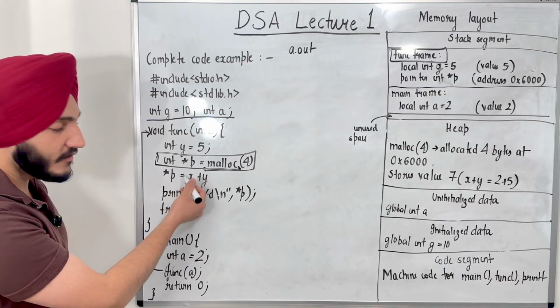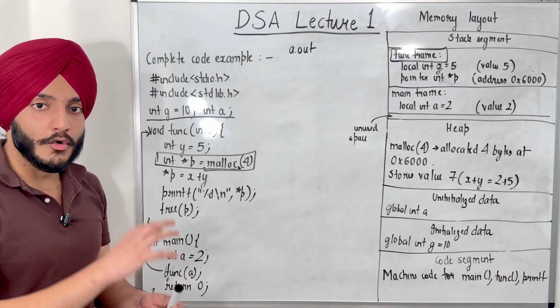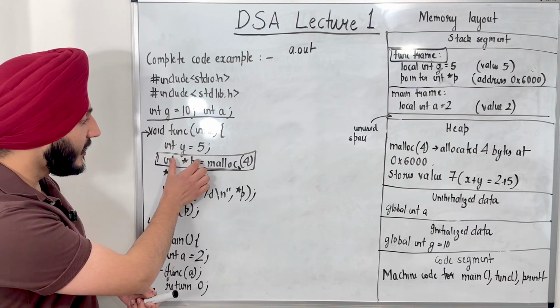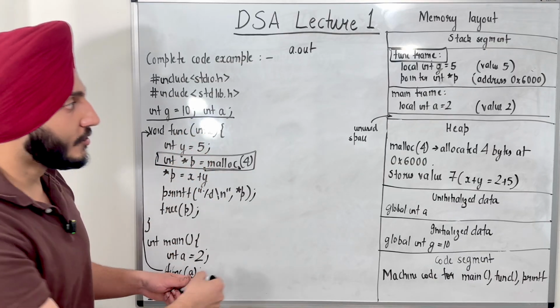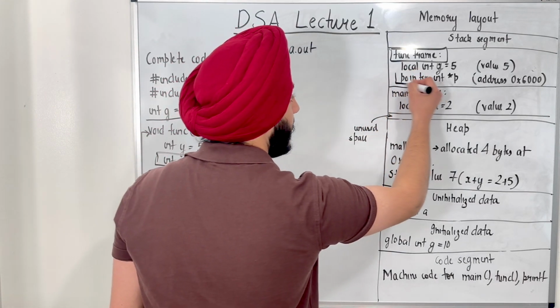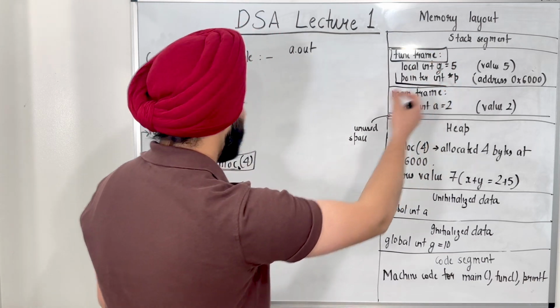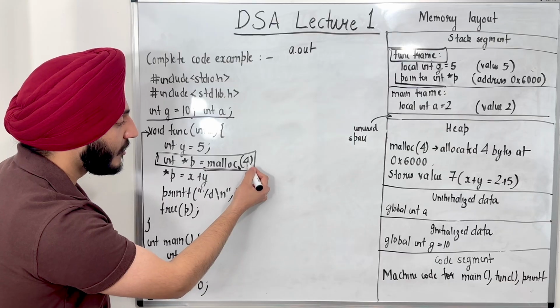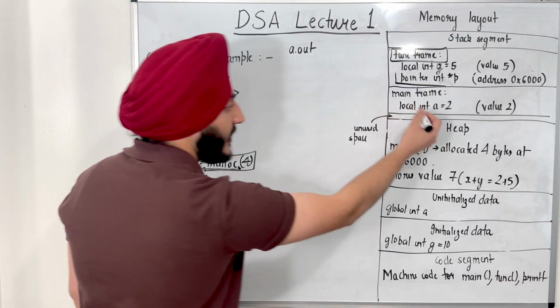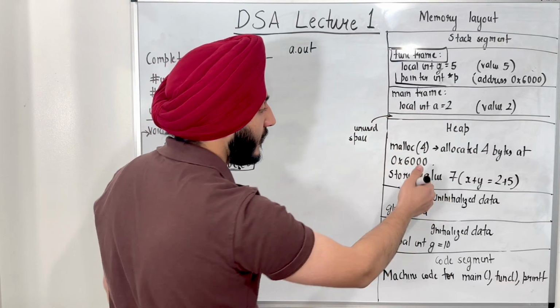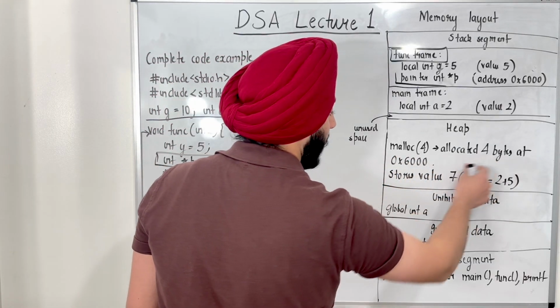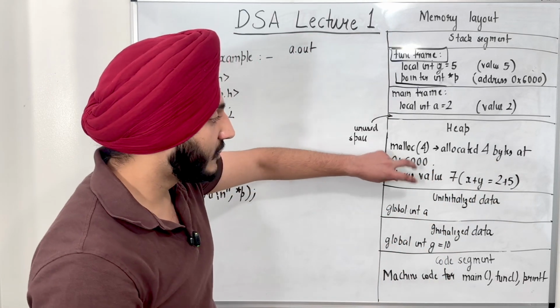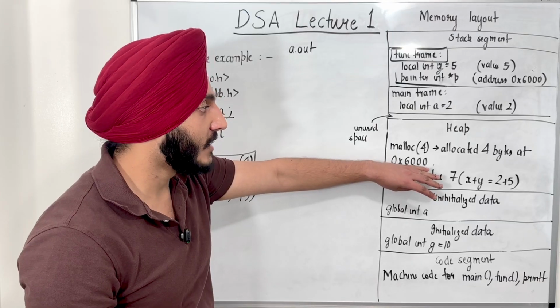When I declare int star p, it's locally being created inside this function, right? So this pointer will be created inside this function frame. But when I allocate the memory for it, when I allocate this memory of 4 bytes, that will be created inside the heap segment, right? So malloc 4 allocated 4 bytes, and let's say the 4 bytes have been allocated at a particular address.